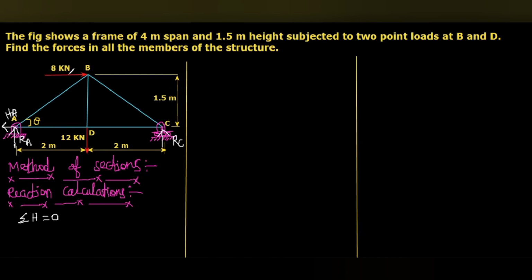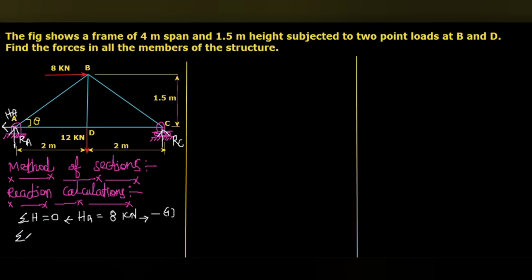The 8 kilonewton is towards the right side. To compensate that, a horizontal reaction is acting at point A towards the left side. So this left side reaction force equals the right side point load. So the horizontal reaction HA towards the left side equals 8 kilonewton, which is acting towards the right side. This is the first equation.